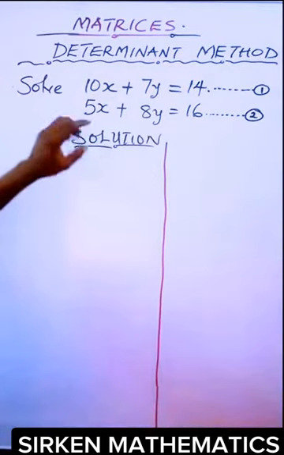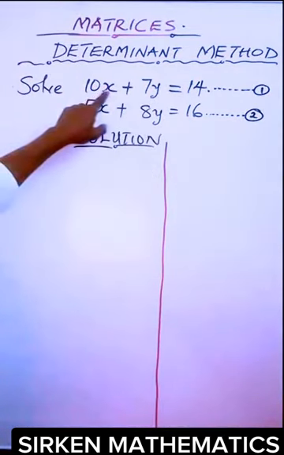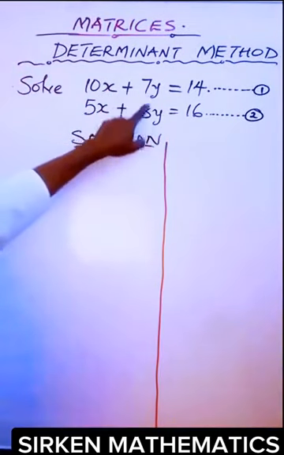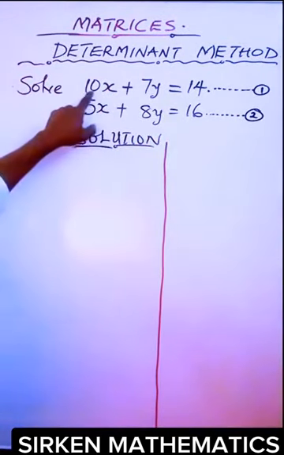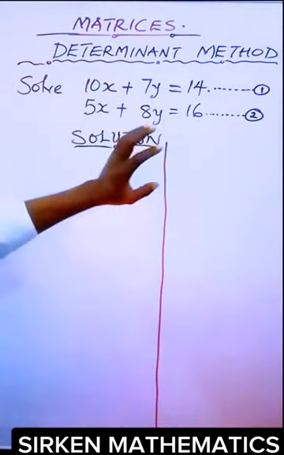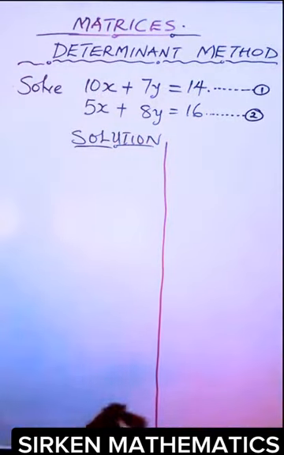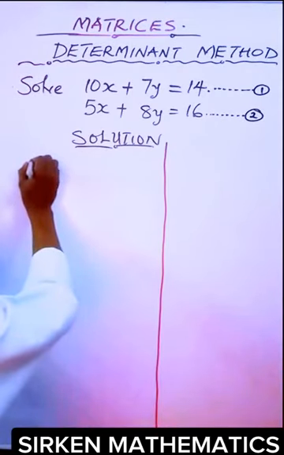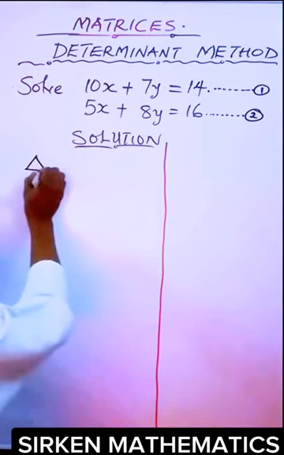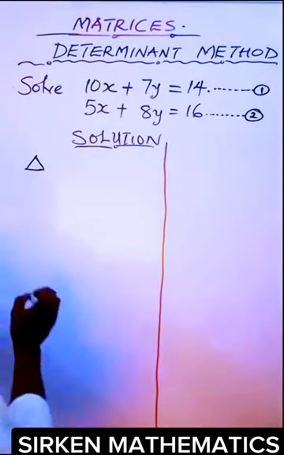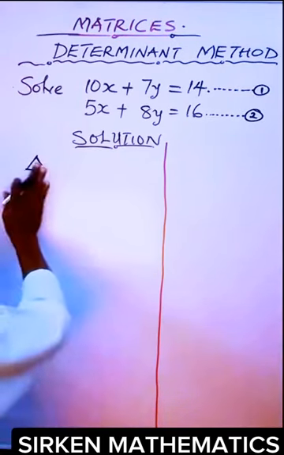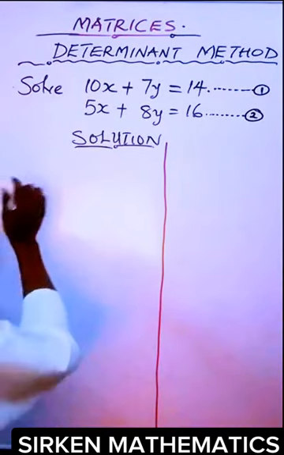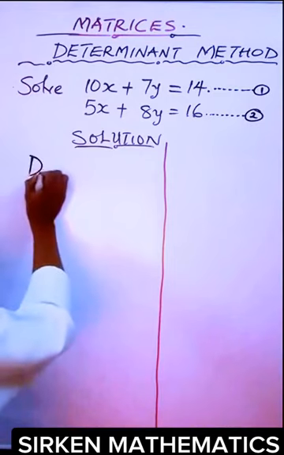I'll first of all use the coefficients of the unknowns to form my first matrix, that is, for me to get the first determinant. Let me just use the letter D, the original determinant.